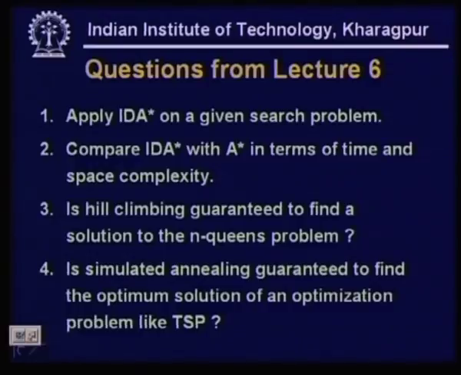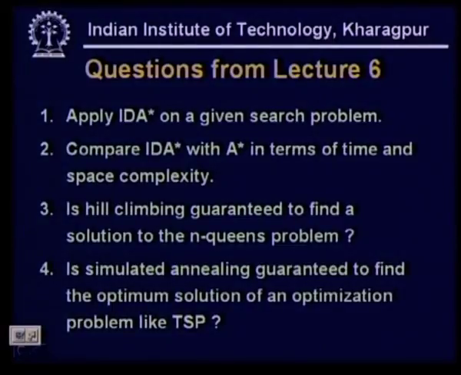Now, we come to the questions from the current lecture, that is lecture 6. For this, the problems for this lecture will be of this type. You will be given a search space. You can use actually the same state space that we gave in question number 1 of lecture 5.